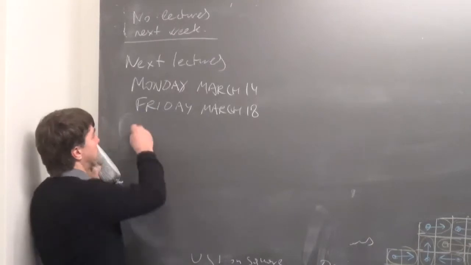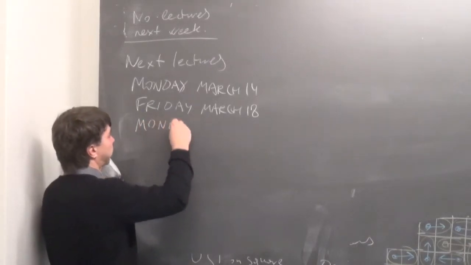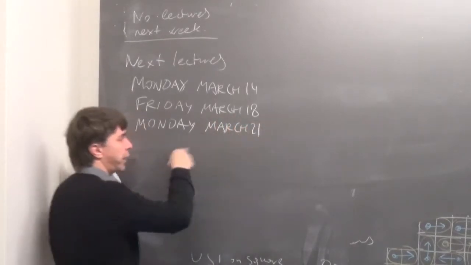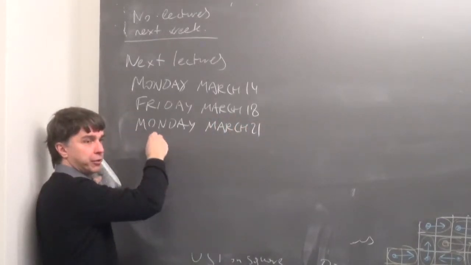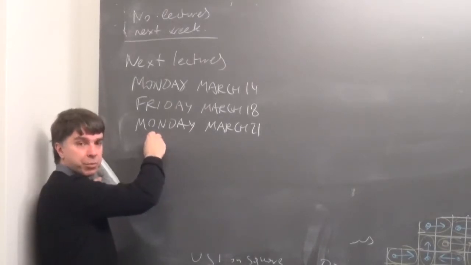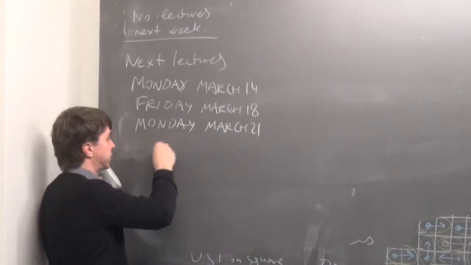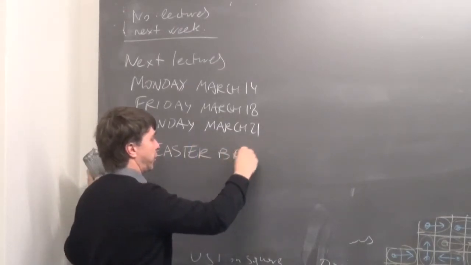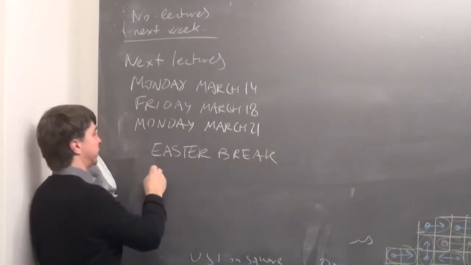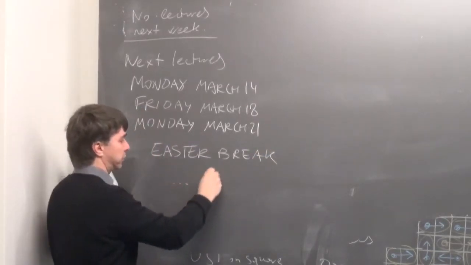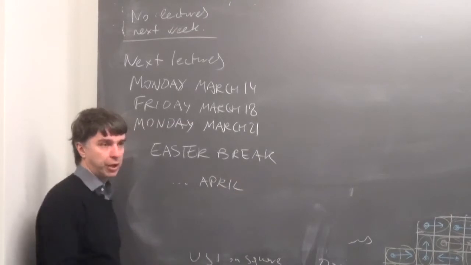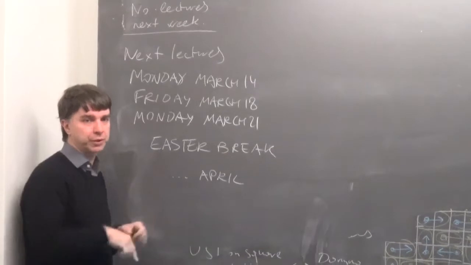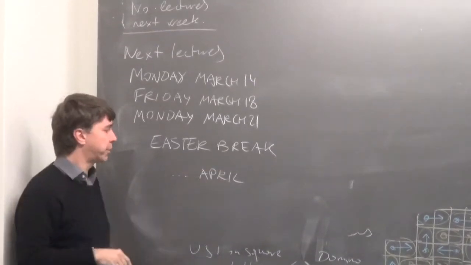So it's Monday, March 21st. And then actually there is an Easter break, I think. Easter break starts, and then we restart in April. And I'll first check with the Planar maps when, so how we coordinate the schedule. So it's probably like April 7 or something.